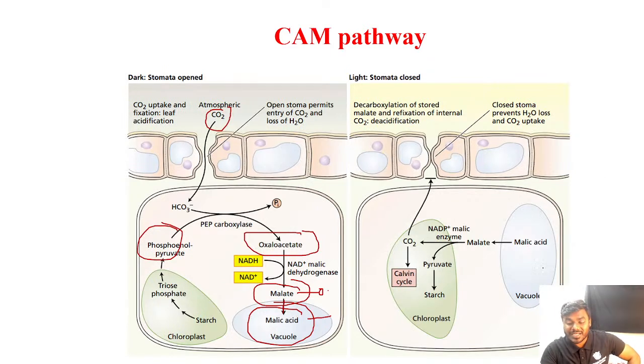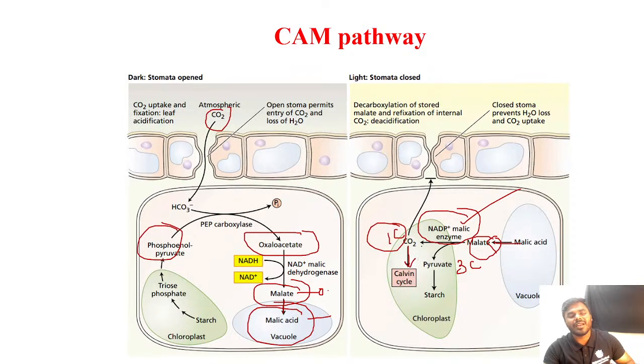Whatever malic acid they stored during the night time, they will bring that malic acid out. And once again, it is treated with an enzyme called malic dehydrogenase. What is happening? Malate is how many carbon? 4 carbon. So it breaks down into 3 carbon plus 1 carbon. Very simple. Now that 1 carbon can undergo the Calvin cycle.